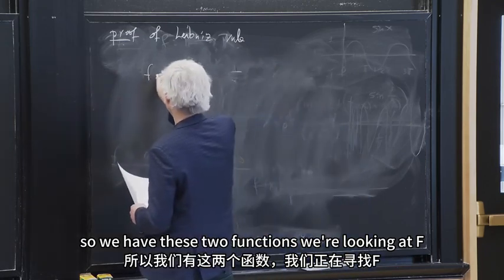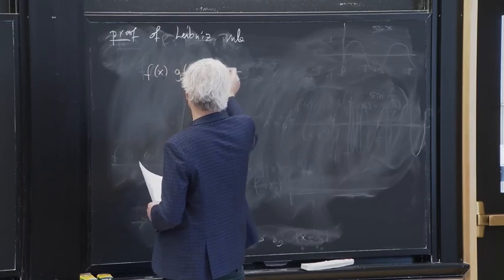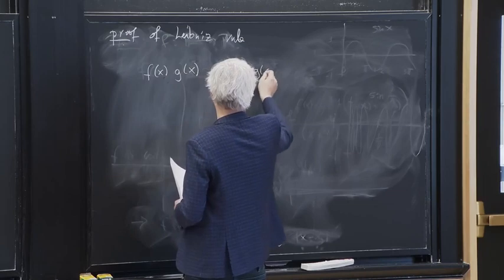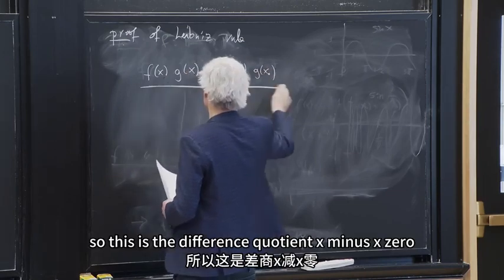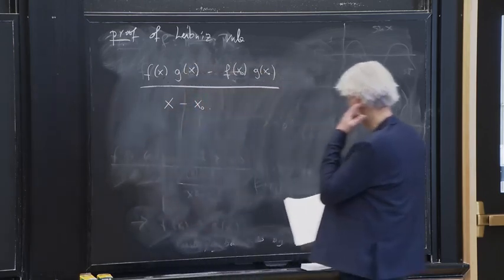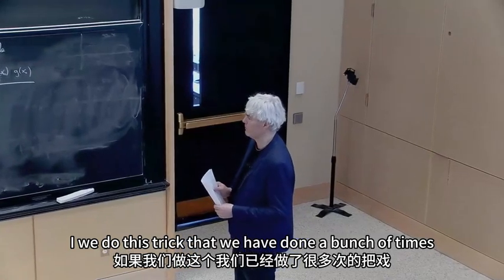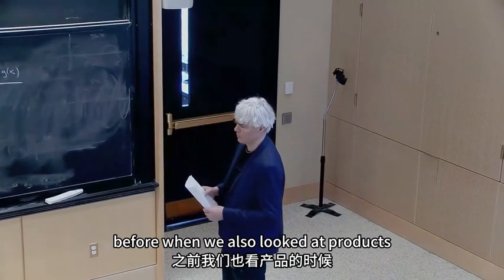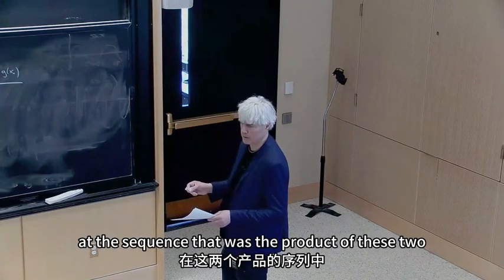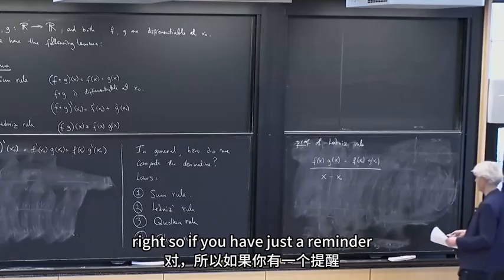We're looking at f of x and we form the difference quotient, so this is the difference quotient with x minus x0. We do this trick that we've done a bunch of times before when we also looked at products, if we had two sequences and we looked at the sequence that was the product of these two.